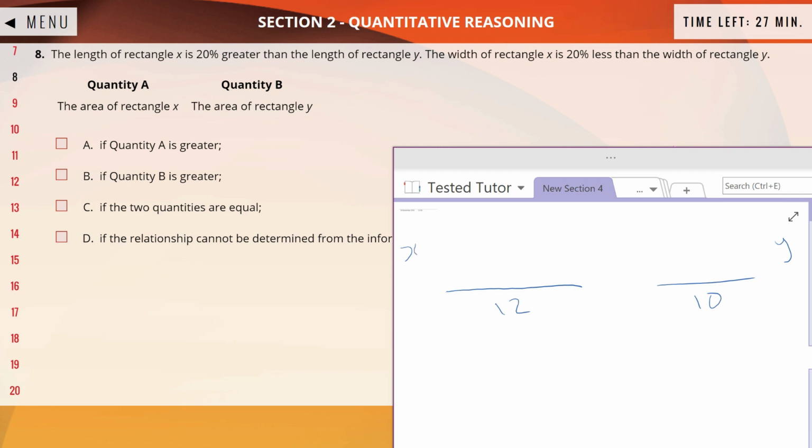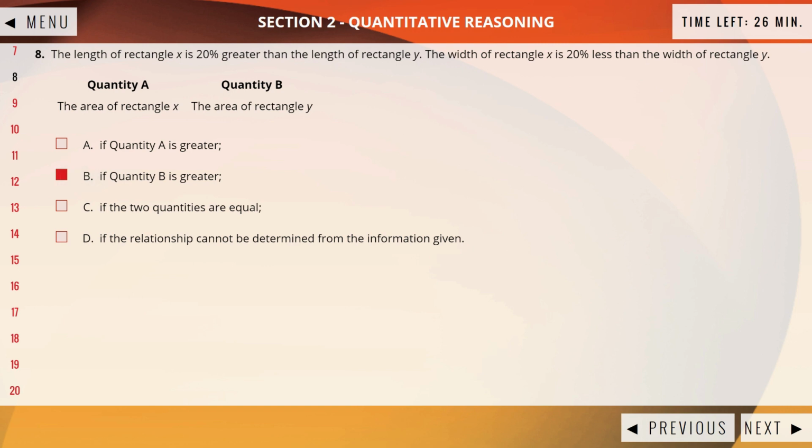This is rectangle X. Otherwise, I'd be so confused if I didn't pick numbers here. The width of rectangle X is 20% less. So if we make Y 10 again in terms of its width, then the width of this is 20% less, so that's 8. What's bigger, the area of X? Well, that would be 96. Again, mental maths is helpful, and that would be 100. So the area of X is less, so area of Y is bigger.